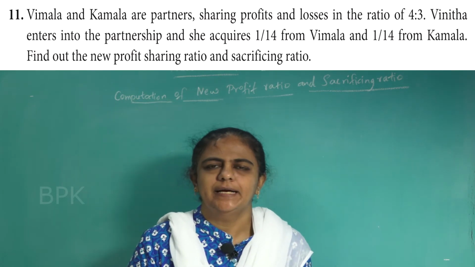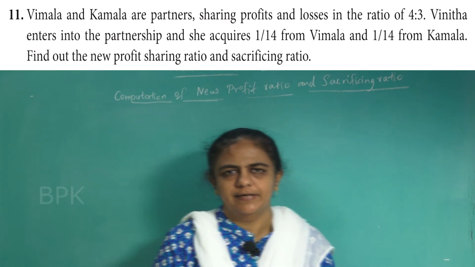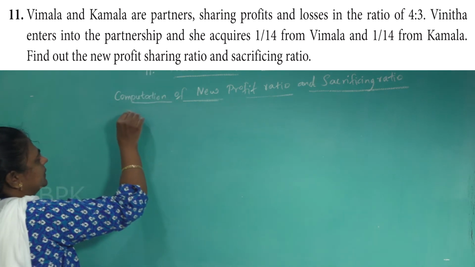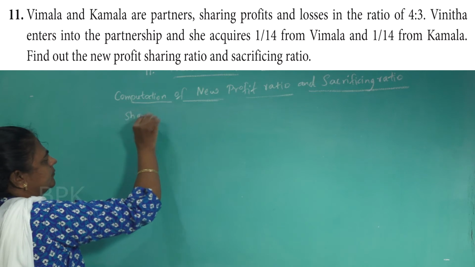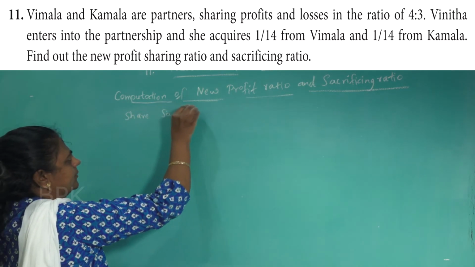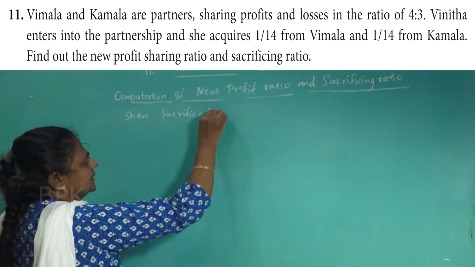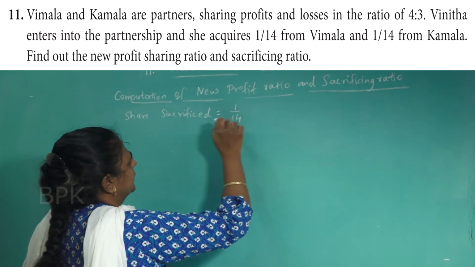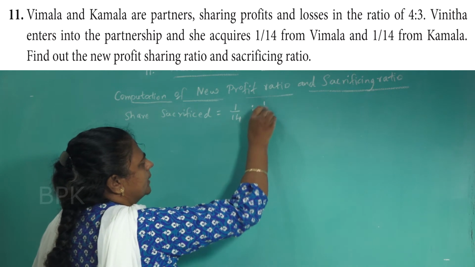Here also again the share sacrificed is given. Question number 11. Share sacrificed is given. How much? Both of them are sacrificing the same thing, 1 by 14, 1 by 14.